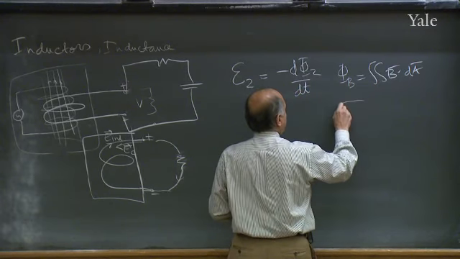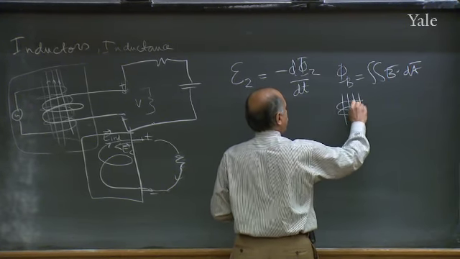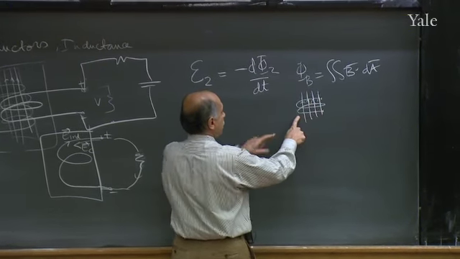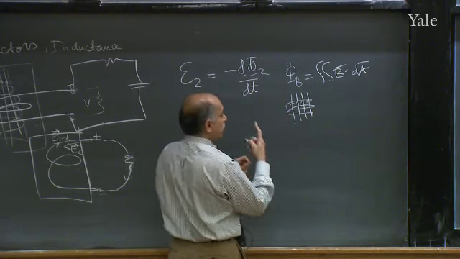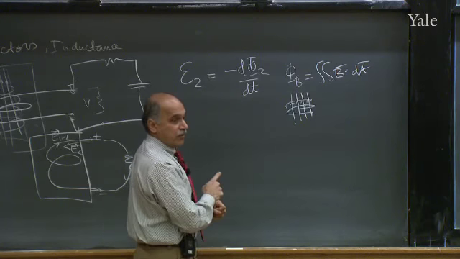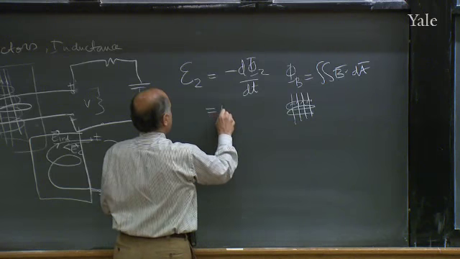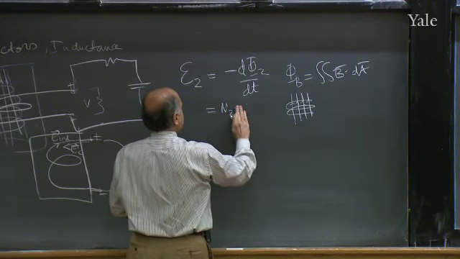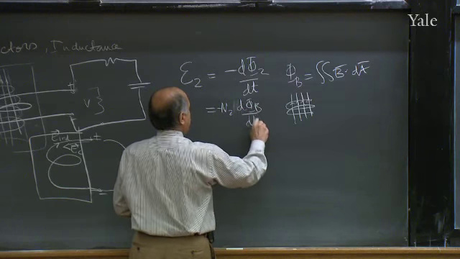But if you've got a coil made up of two loops, for example, and there's a magnetic flux going through them, then the EMF is not simply the rate of change of the flux through one of them, but you've got to double it because it's like two batteries in series. The EMF is running round and round and round. So really, this is N2 times the rate of change of the magnetic flux through that.